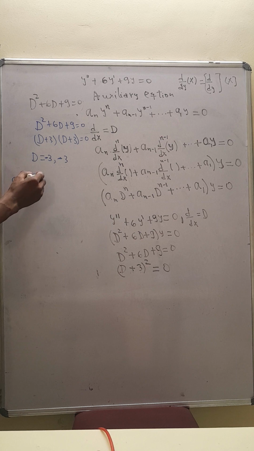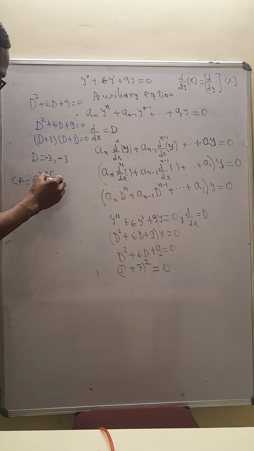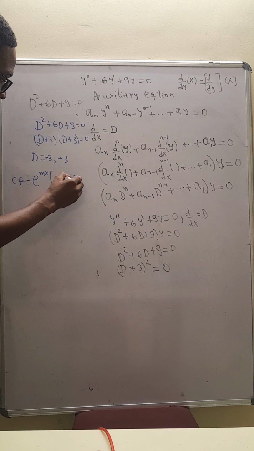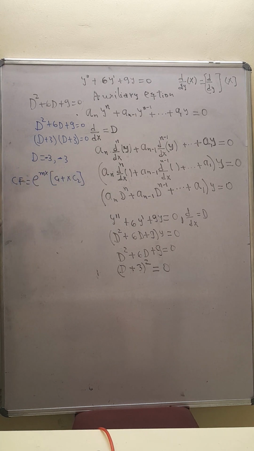Our CF should be Euler raised to mx, times C1 plus x C2. This is very important for you to understand, why we were writing those formulas. So here we have two roots that are equal and real.